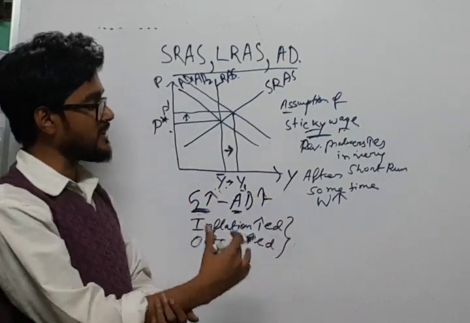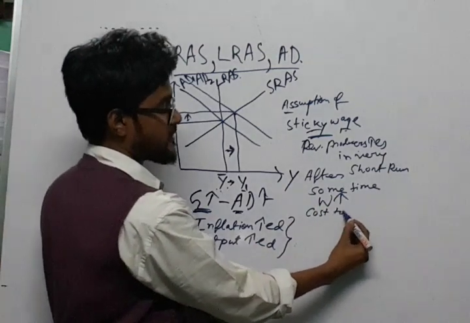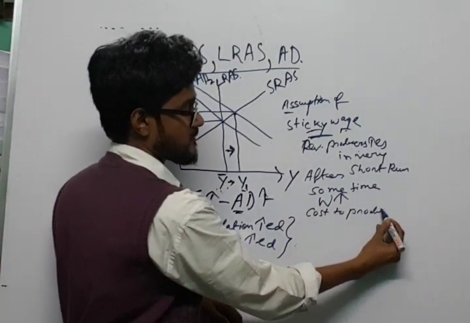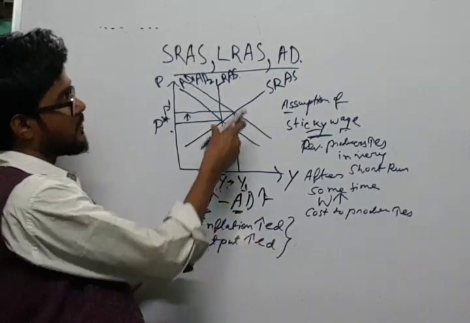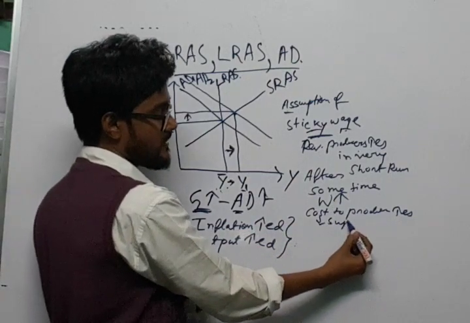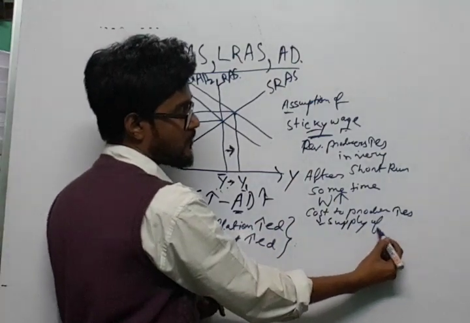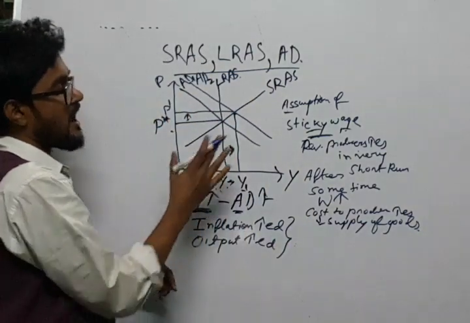So, eventually the cost to producers increases, and producers will decrease the supply of goods as cost has increased.